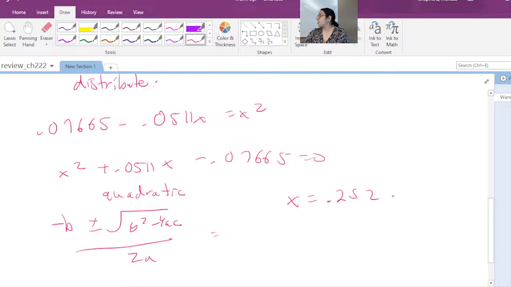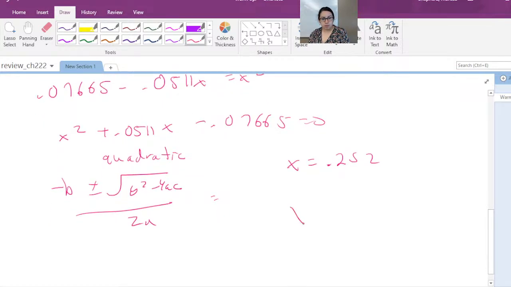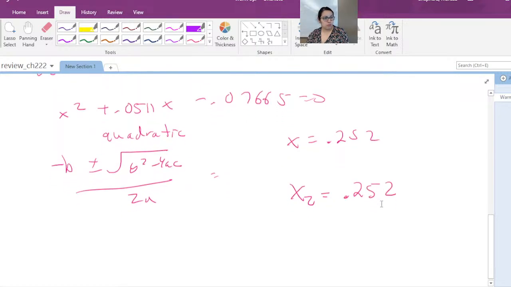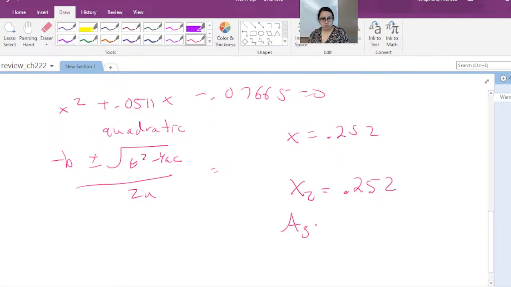Oh, they're fake chemicals. Gotcha. Okay, so then X2 is equal to 0.252, and then when I subtracted this 0.252 from that, I think it was 1.24.